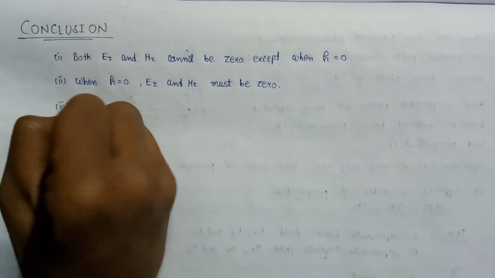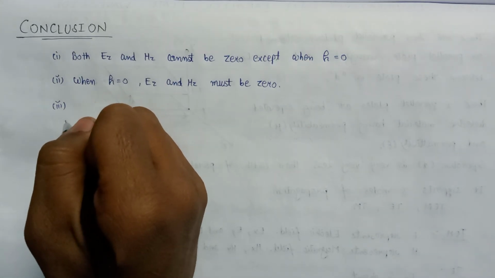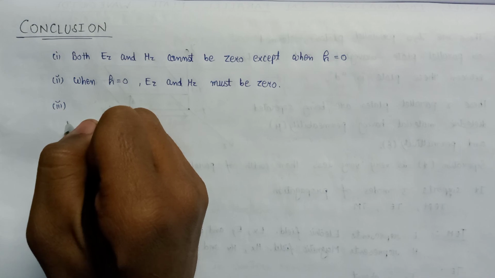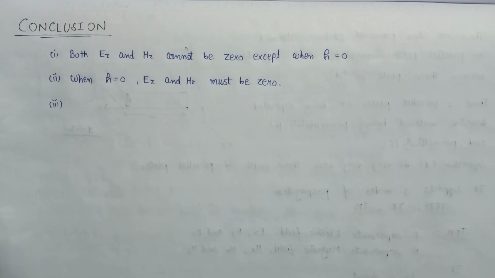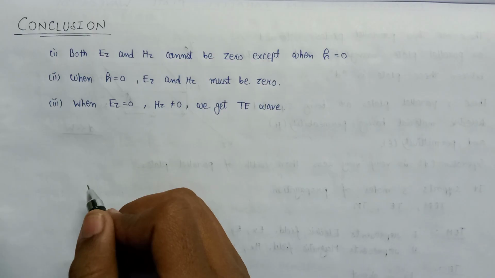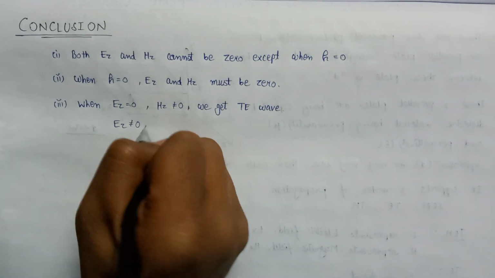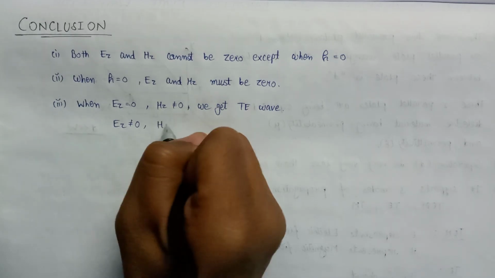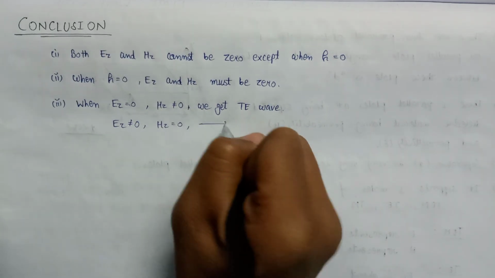Moving on to conclusion number 3. According to conclusion number 3, if the Ez value is equals to 0 and the Hz value can't be equals to 0, we will get TE wave. And if Ez can't be equals to 0 and the value of Hz is equals to 0, then we get TM wave.